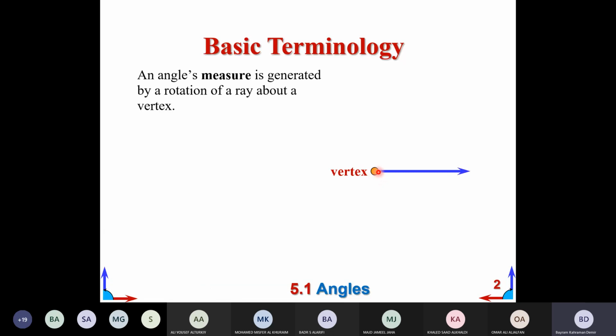So if somebody asks you what is the angle, the angle is basically rotation of a ray about the vertex. So in the picture, you see the ray. Ray means it's just a line starting from one point and going to one side here. So if we rotate this line about the vertex, then you're going to get the angle. You see? That makes the angle.